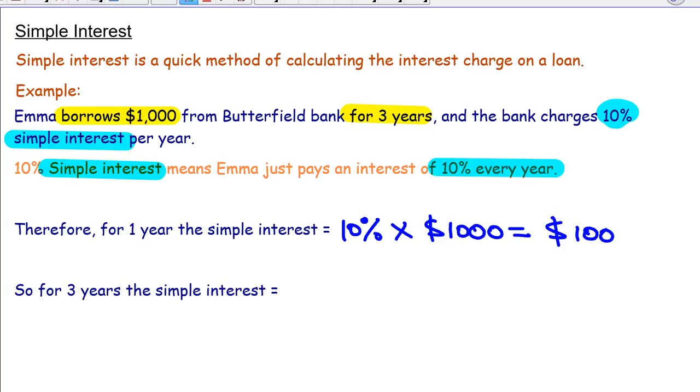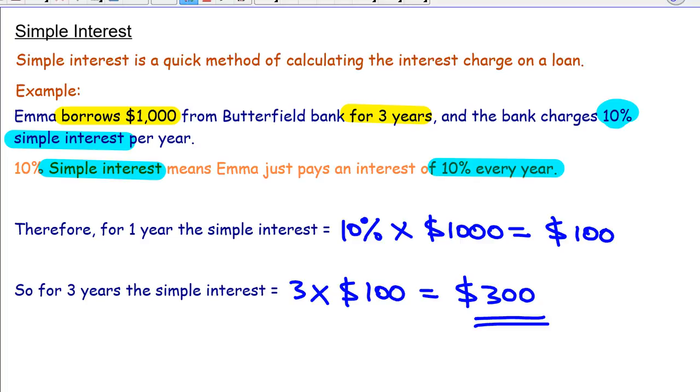For 3 years, if she's paying 10% every year, she'll end up with 3 multiplied by $100, because that's the interest per year. She'll end up in total paying, for 3 years, $300. So that will be the interest for 3 years.